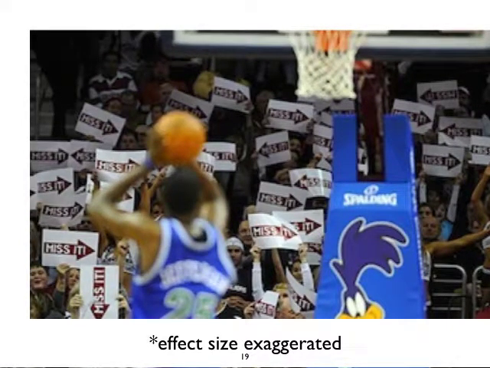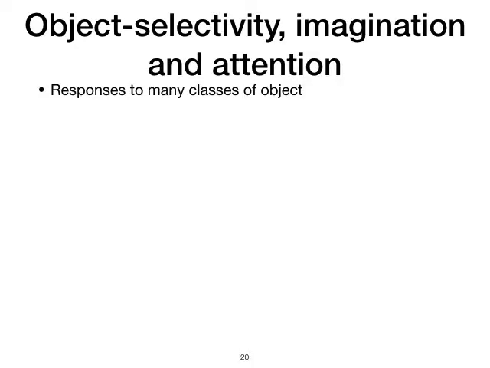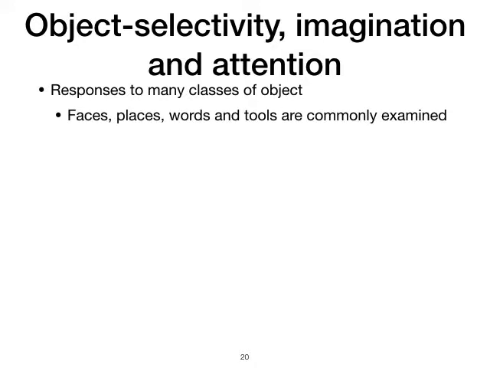So to summarize what we've seen so far, the brain has responses to many different classes of object. Faces, places, words, and tools are the most commonly examined of these, but there seem to be responses to all types of objects.